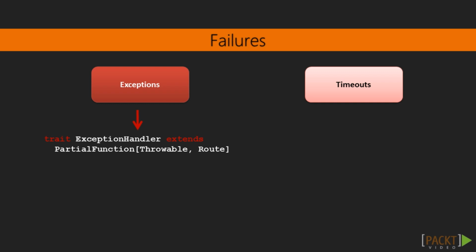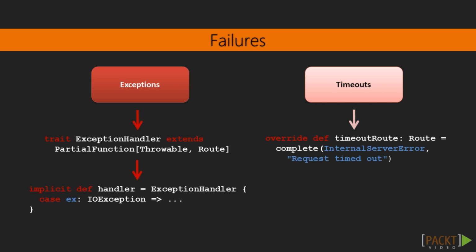In case of exception handling, there should be an implicit partial function of type ExceptionHandler provided, or alternatively, the handleExceptions directive could be used. With respect to timeouts, there should be an override provided for the timeout route definition of the HTTP service actor class. For both exceptions and timeouts, Spray provides default implementations.